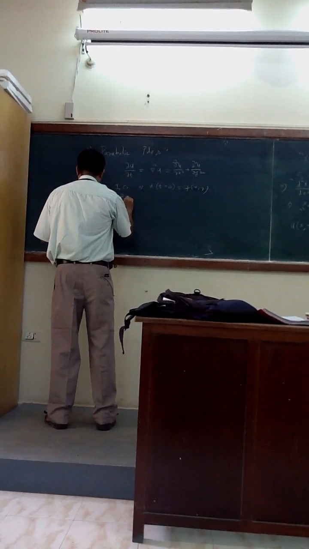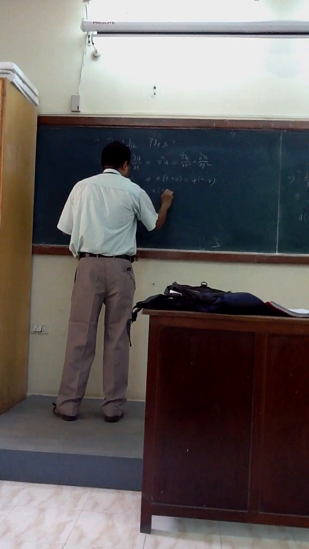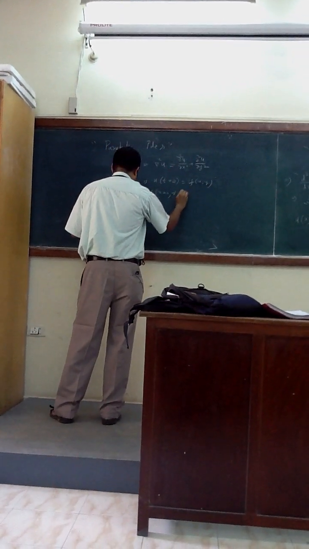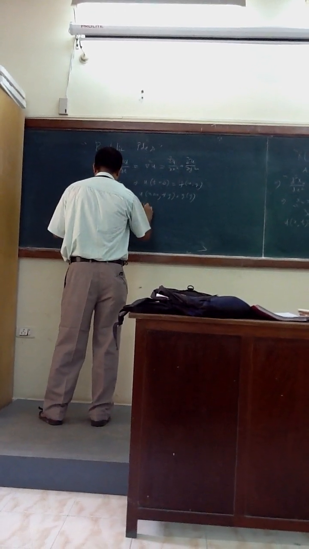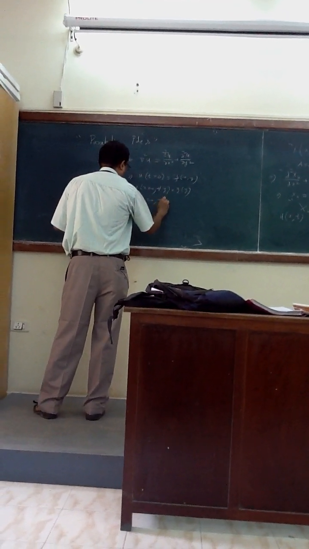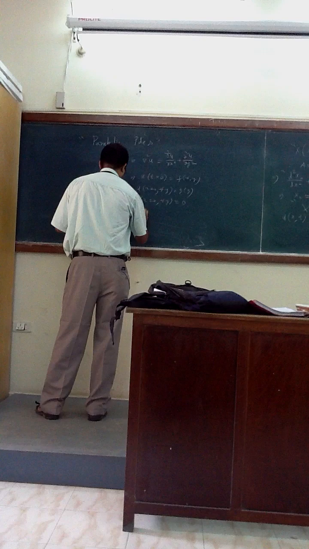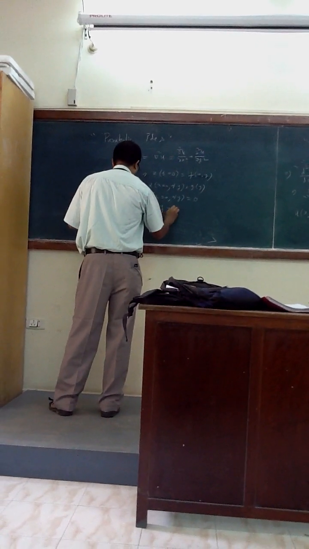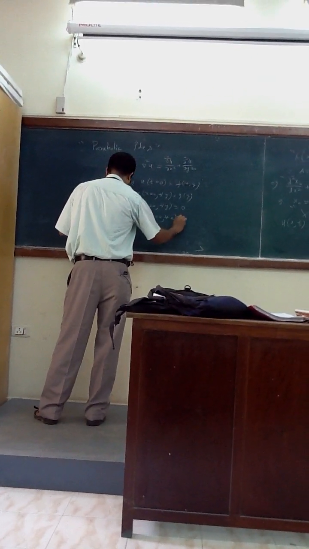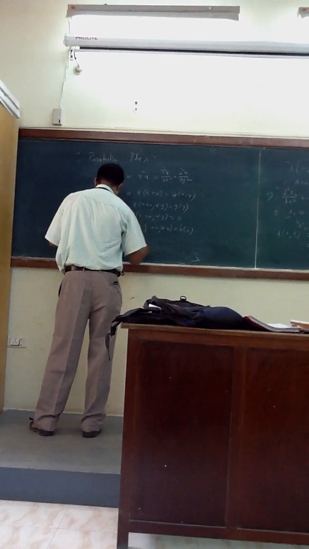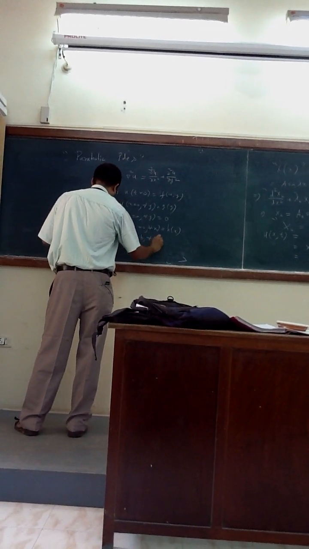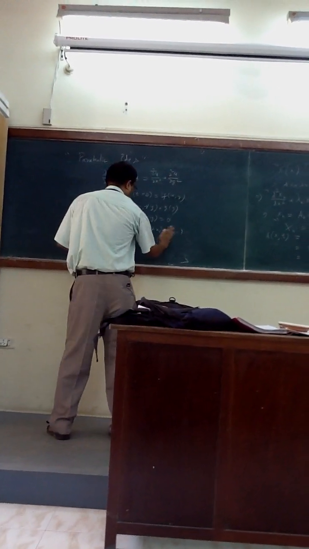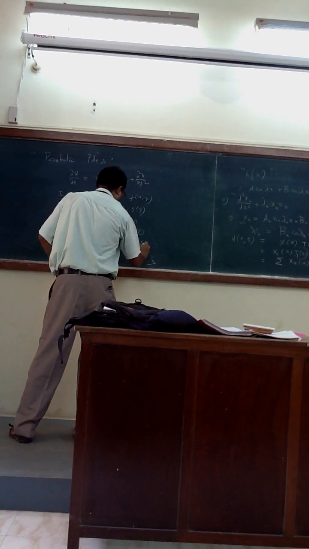Boundary conditions: u at x equals 0 is g(y) for all y, u at x equals a for all y, u at y equals 0 is h(x) for all x, and u at y equals b for all x.